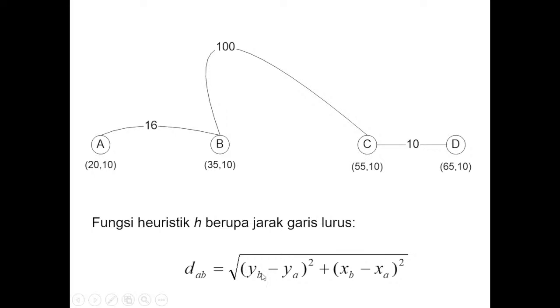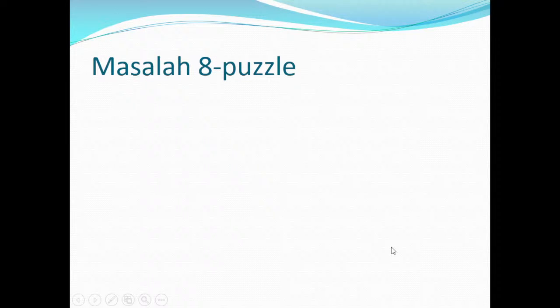We subtract the y coordinates and raise it to the power of 2, then subtract the x coordinates and raise it to the power of 2, sum all of those, and then take the square root of it to obtain the distance, which is our straight line distance. Normally we call this the Euclidean distance.